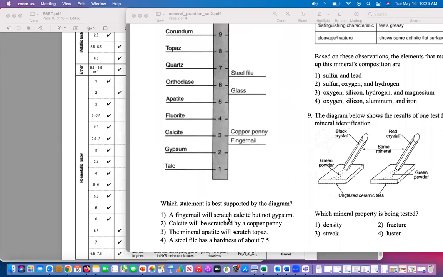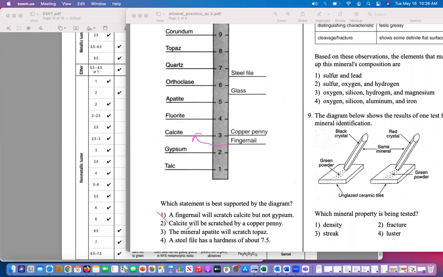A fingernail will scratch calcite, but not gypsum. If I take a look, a fingernail will scratch calcite. That is incorrect. Calcite is higher than the fingernail. So it will not scratch calcite. So that is false. That already makes it false.